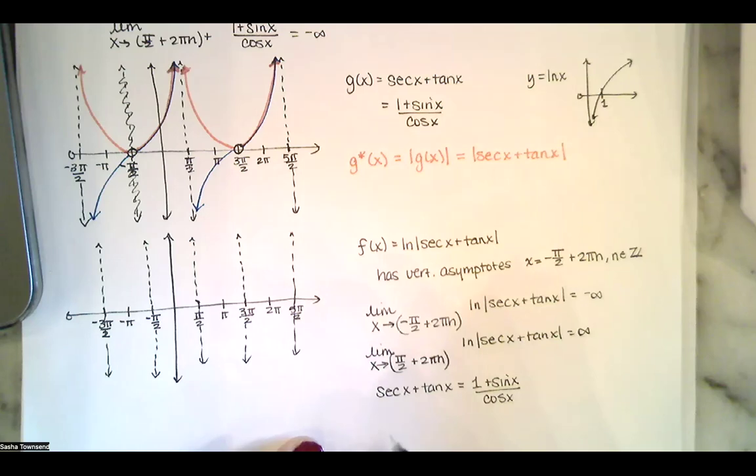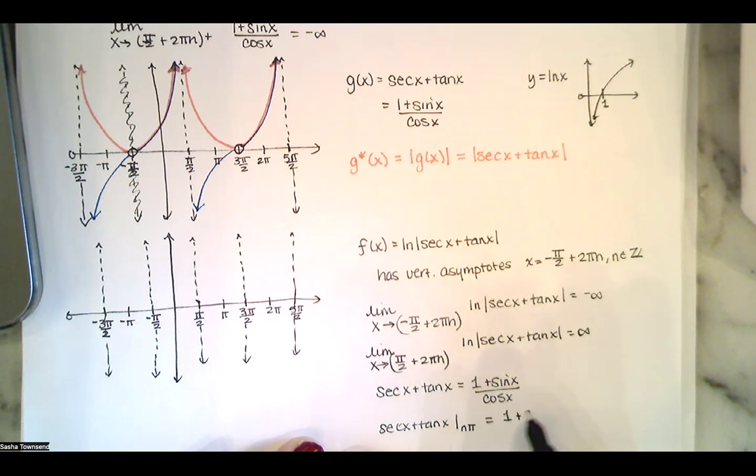If we evaluate that at n pi, I've got 1 plus sine of n pi divided by cosine of n pi.